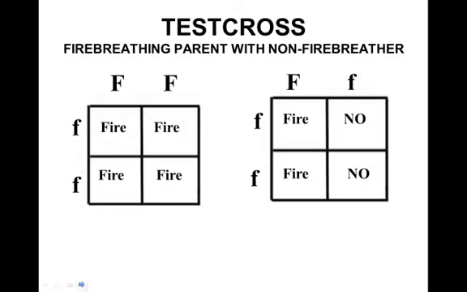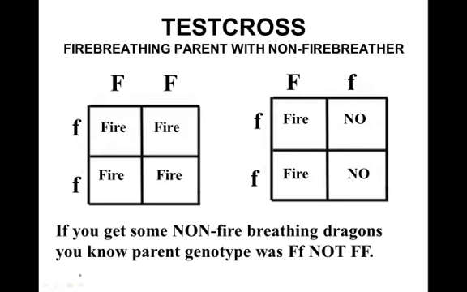If they get little f from the mom and little f from the dad, I'm going to get some little dragons that can't breathe fire. So I can do a test cross and then look at what the offspring are, and it gives me a clue about what the parent genotype was. If you get some non-fire breathing dragons, I know the parent was carrying that little recessive allele, Big F, little f.